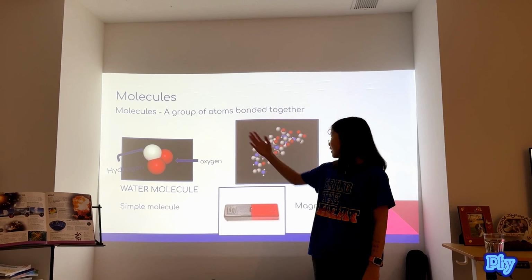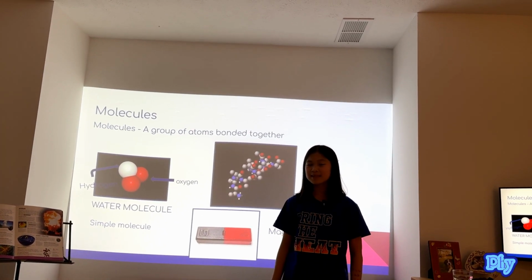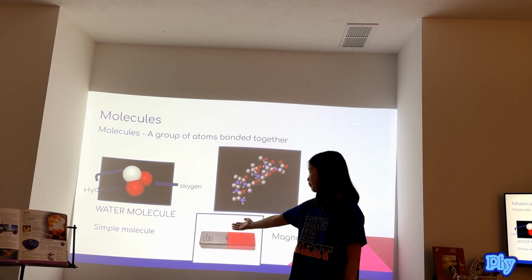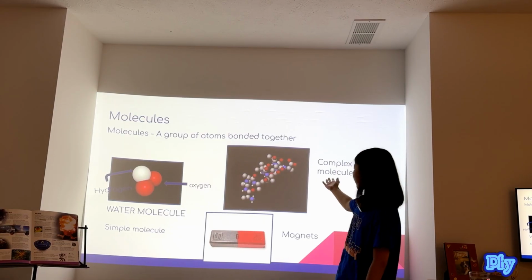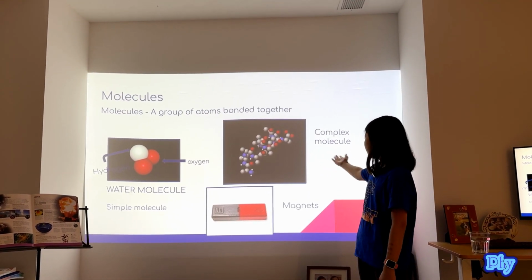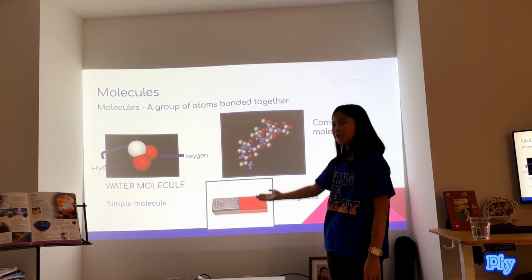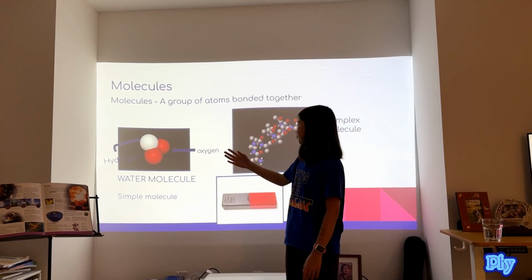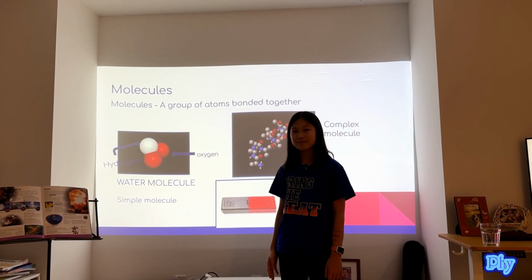A molecule is a group of atoms bonded together. One of the most basic molecules is the water molecule. This is a simple molecule compared to a complex molecule, in which many atoms are bonded together. A basic water molecule consists of 1 white hydrogen atom and 2 oxygen atoms.